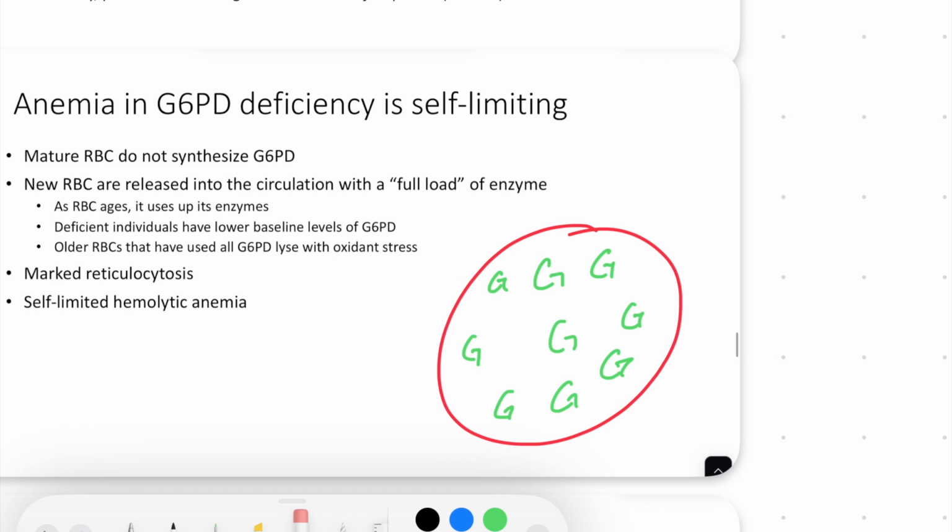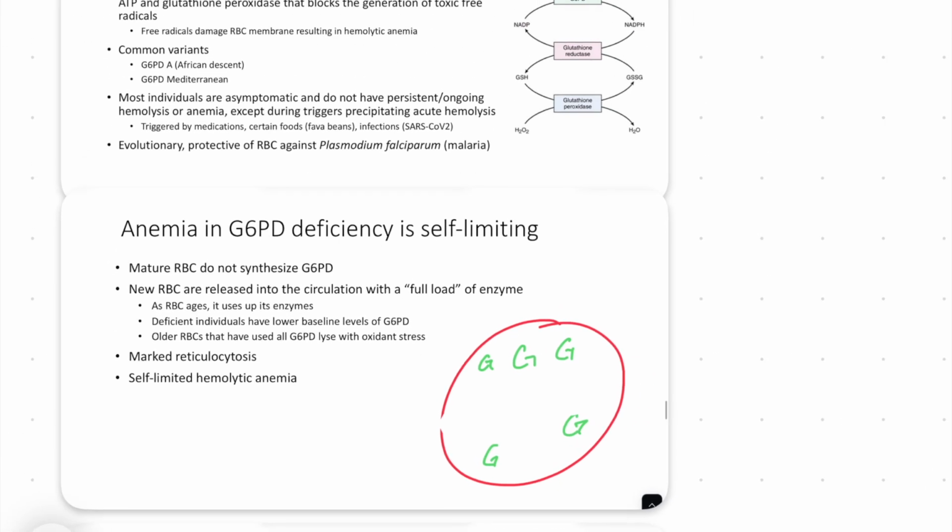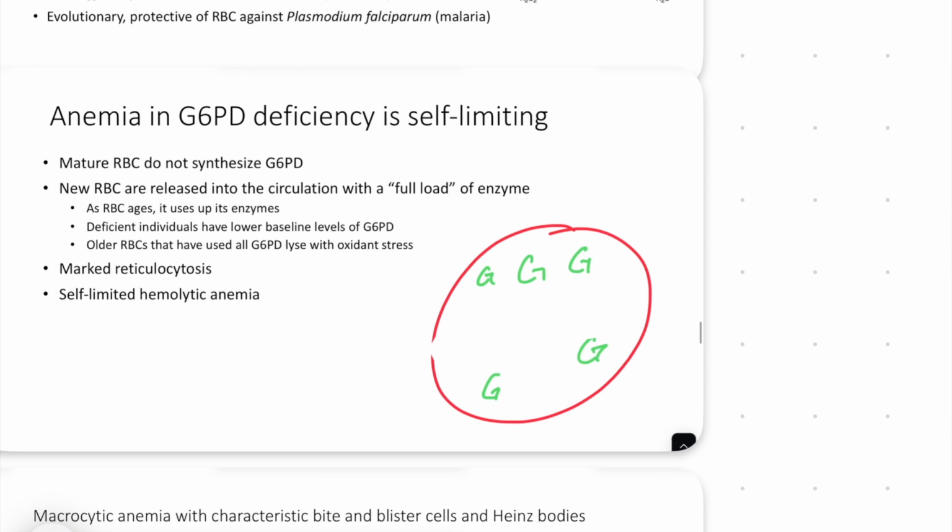As you go through the lifespan of a red blood cell, you start using these up, and it can't make any more. When you use all of these up, then that red blood cell can no longer survive. Everyone has to have some G6PD. You can't survive without at least some production of G6PD. But these G6PD deficient cells have a shorter lifespan because they have less of it.